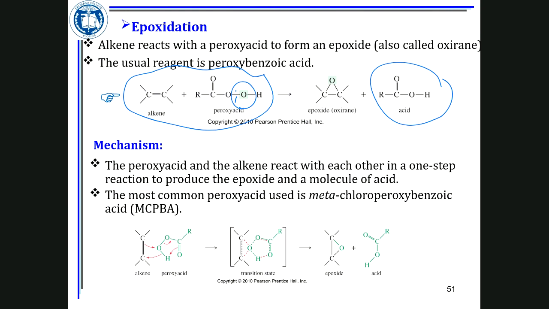The other name for epoxide is oxirane. There is a transition state here, no intermediate, so you have the transition state only, releasing one of these oxygens from the peroxy acid, changing to carboxylic acid, and you get your epoxide as a result.